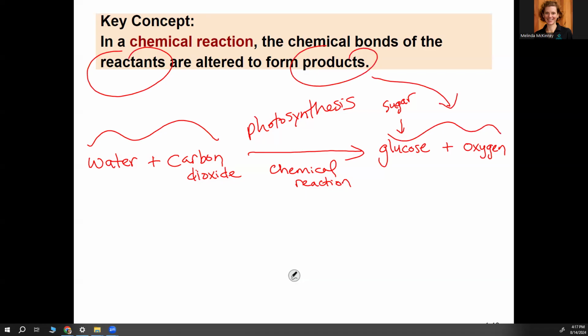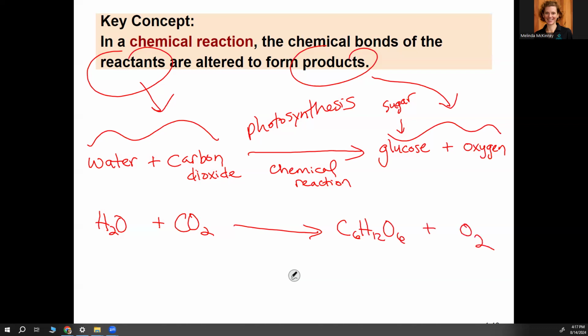I could write them with a chemical formula. So I could write H2O, and I could write carbon dioxide is CO2. And then I have my arrow for my chemical reaction. Glucose is C6H12O6, and oxygen is O2. Now, for this to be balanced, I need to have the same number of atoms on the left as on the right.